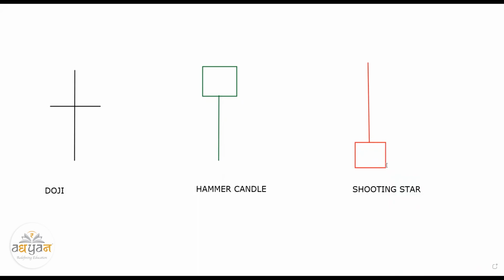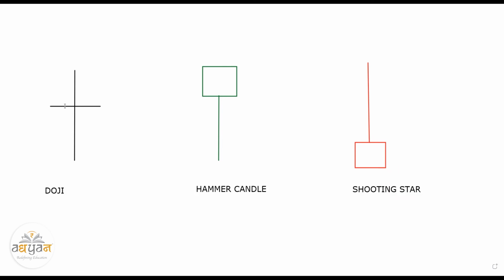Let's understand three important candlestick patterns. These are very, very important for understanding an entry and a trend as well. The first candle that we are going to see is a doji candle, where the doji candle won't be having any body, but it will be having the wicks with no body.